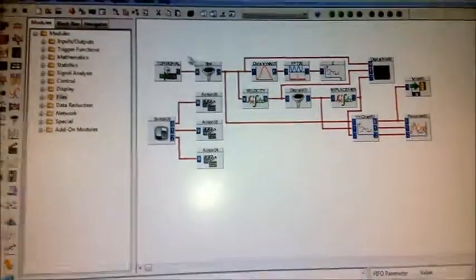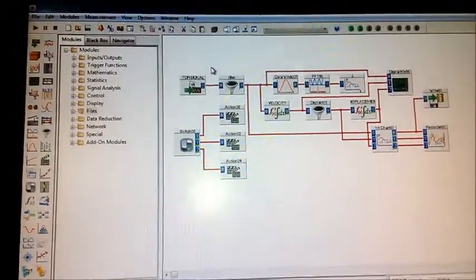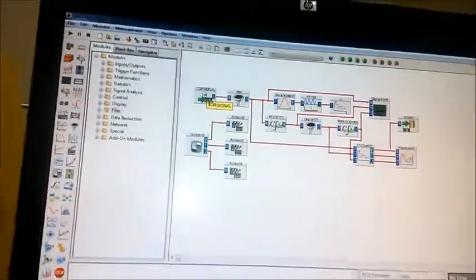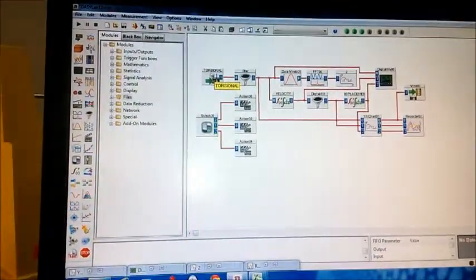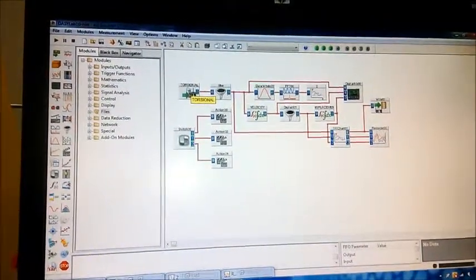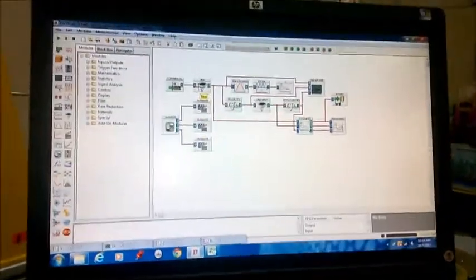This is our block diagram. Here is the input signal. The input signal that comes in is acceleration because we use an accelerometer. This is a filter.